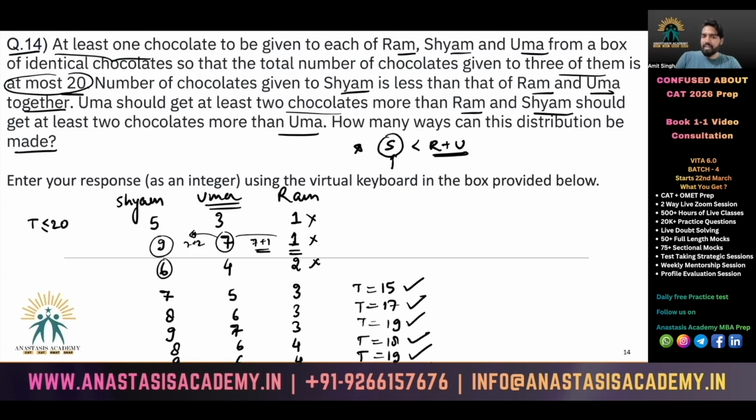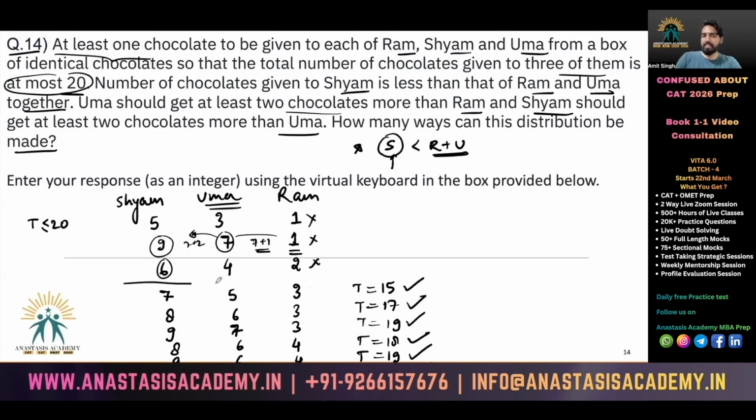Next case, when Ram has 4 chocolates, Uma has, let's say, 7 chocolates, and Shyam has 10 chocolates. Yes, Shyam has fewer chocolates than Ram plus Uma, but the total in this case would become 21 chocolates, and that is not acceptable. So we cannot have any more cases from here onwards.